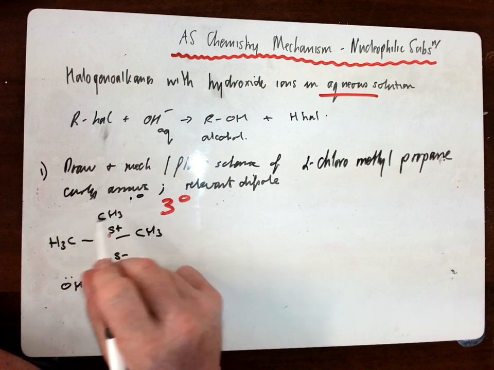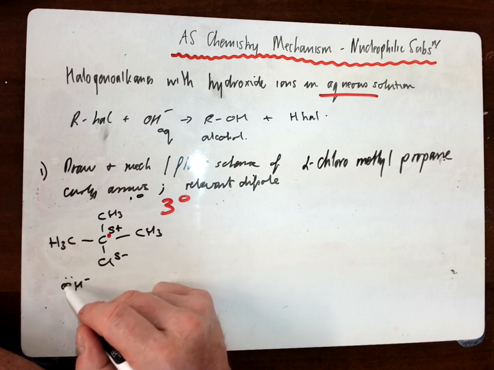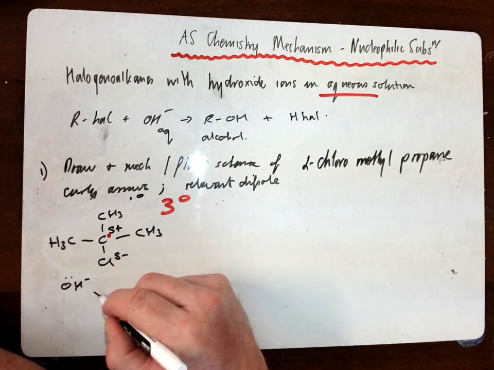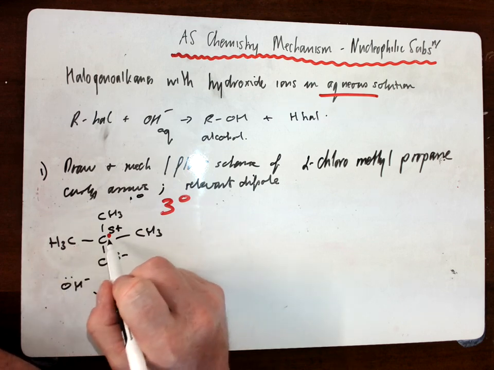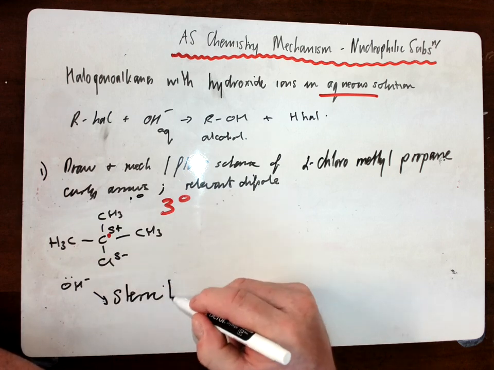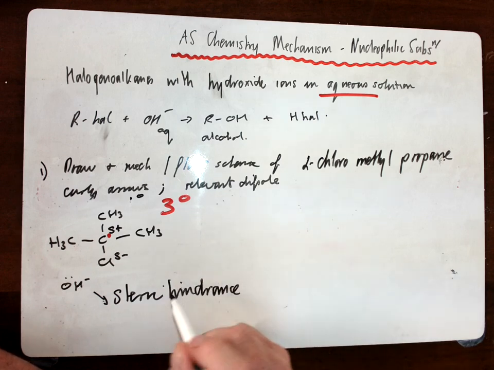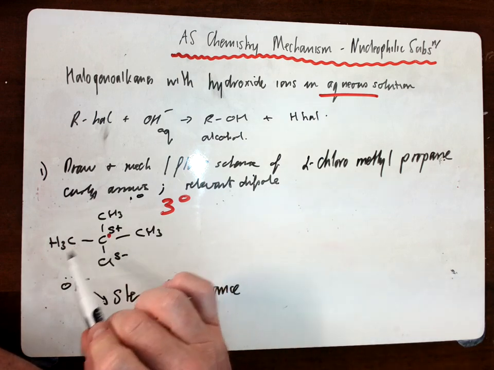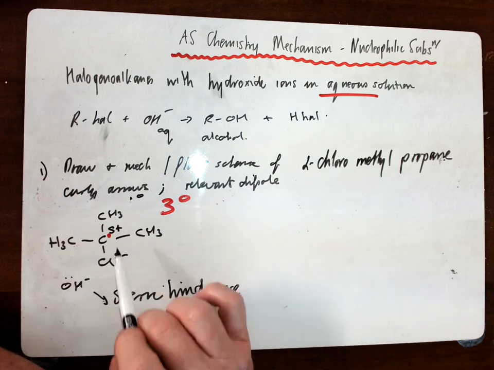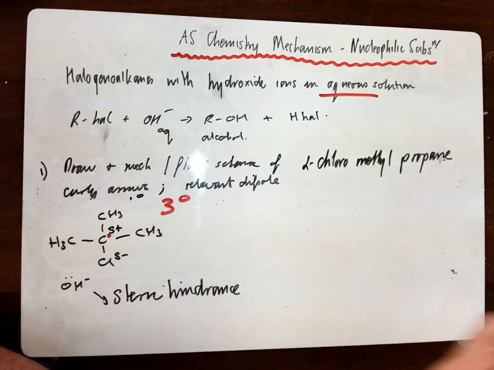These are the smallest alkyl groups, but they still have significant electron clouds, and they will simply repel the hydroxide away. So the hydroxide cannot attack this carbon here. That is a thing called steric hindrance, and really what that means is that because of the geometry of this molecule, it prevents the reaction from happening. Because of these groups around the little carbon in the middle, the hydroxide simply cannot get to them.